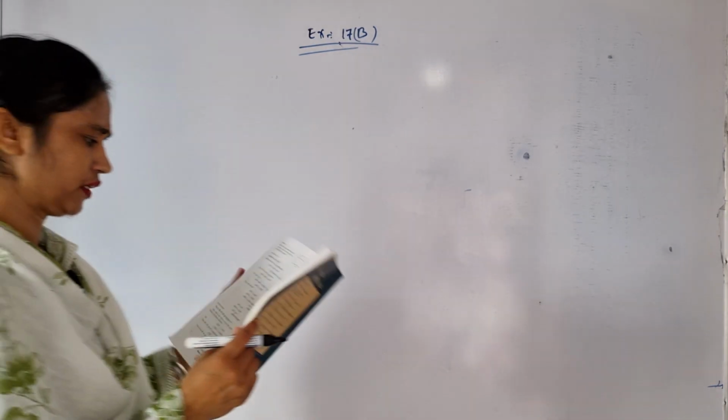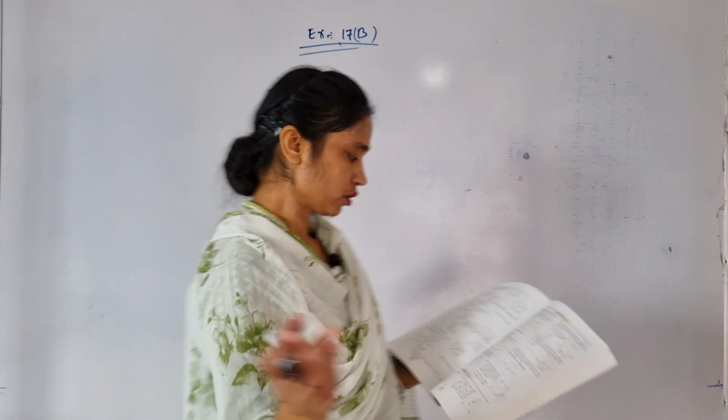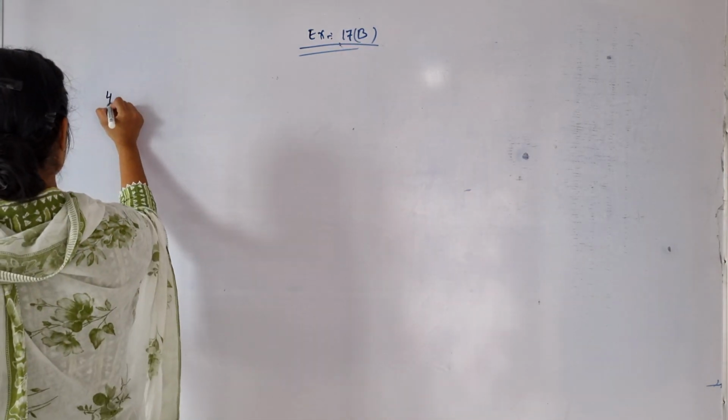The third sum is related to proof, and we will discuss all the proof type of sums later on. So let's start with the fourth sum.